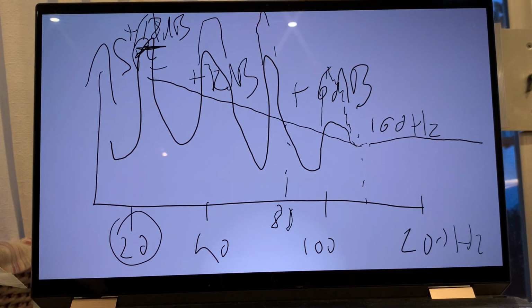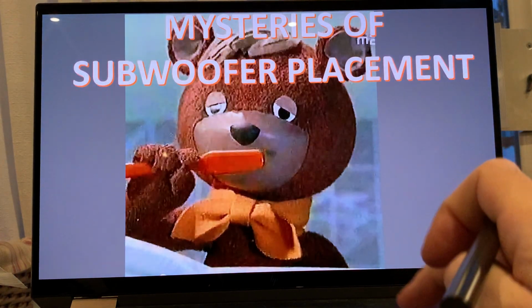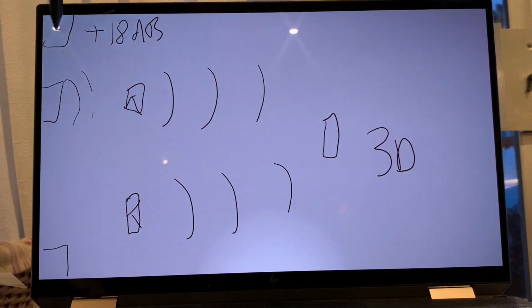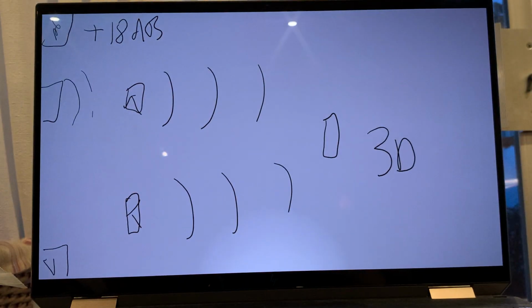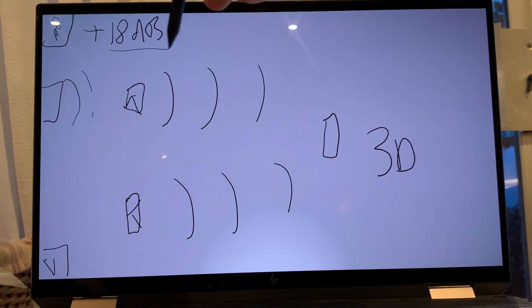So whatever problems your room had in the bass department, by placing the subs in the corner, you are going to magnify that problem basically almost 50 times, because that's about the energy that 18 dB or so represents.